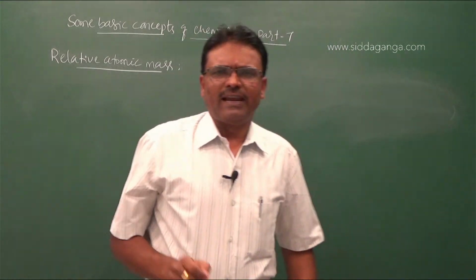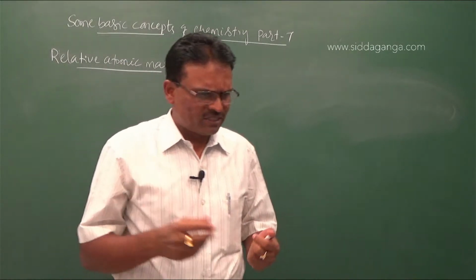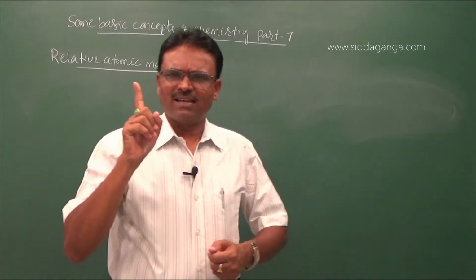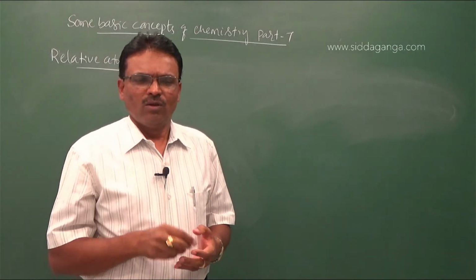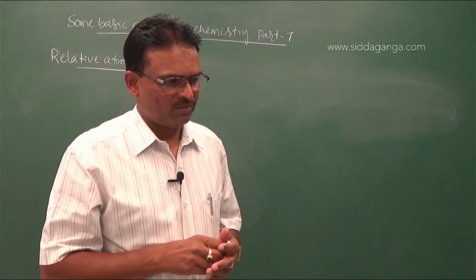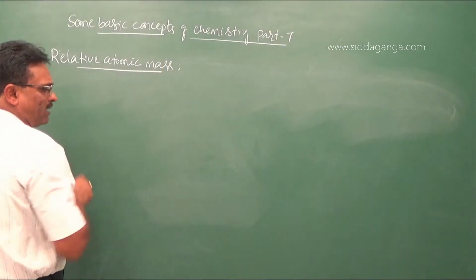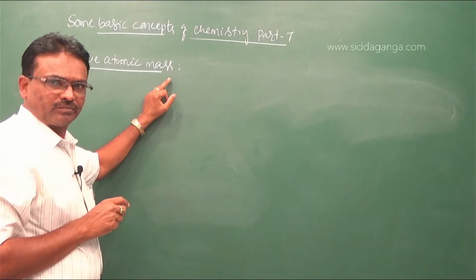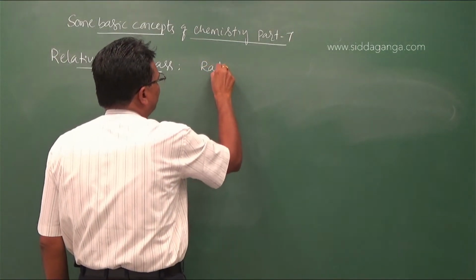So relative atomic mass means how many times the mass of one atom of an element is greater than that of 1/12 of the mass of one atom of carbon 12 isotope. Clear?